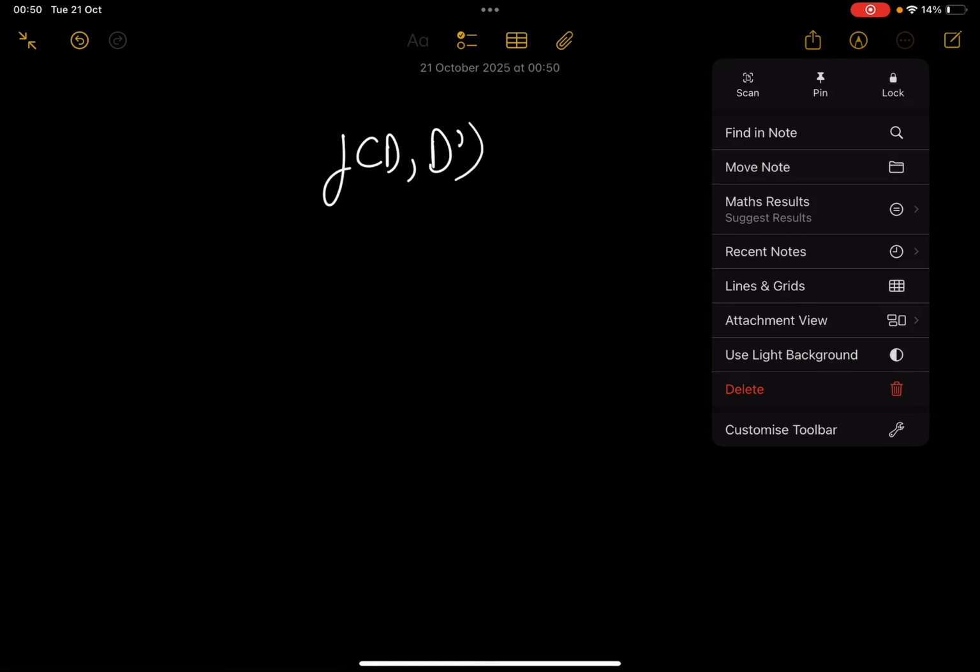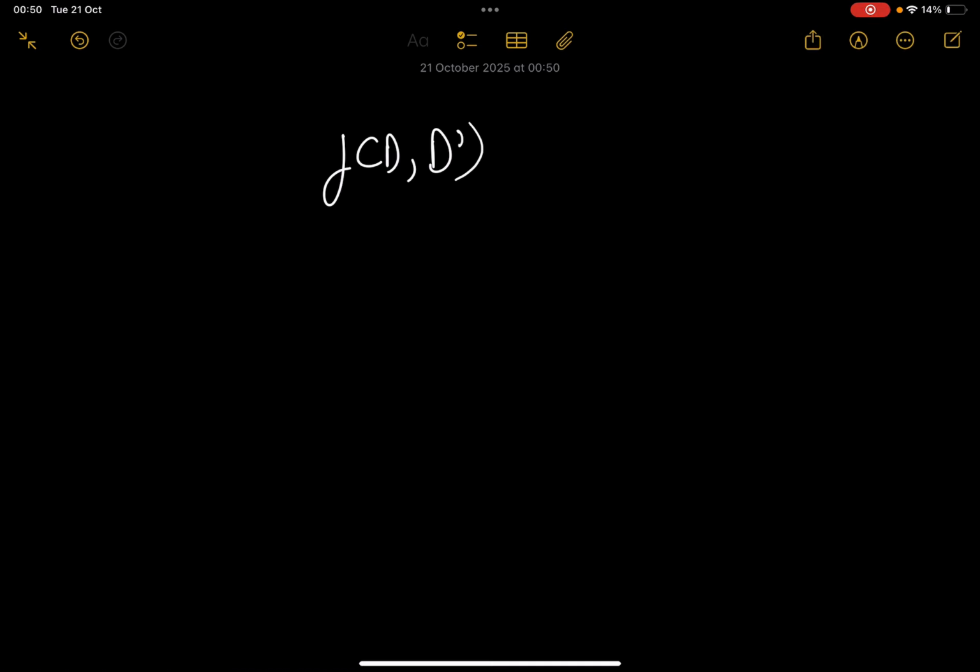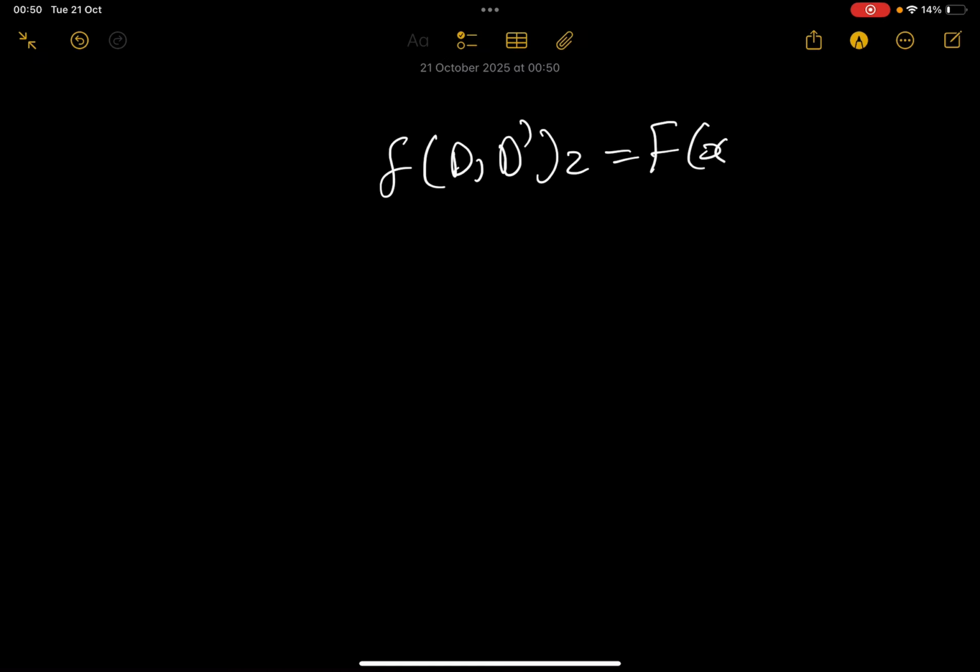With this concept, we are looking at a function d prime of z, which is equal to f of x y, like this one.